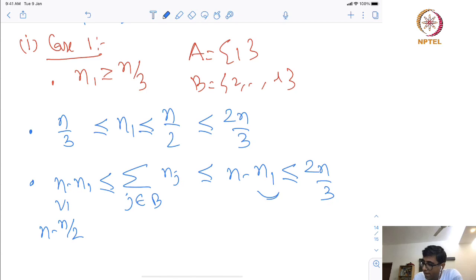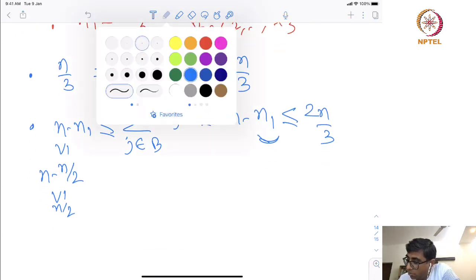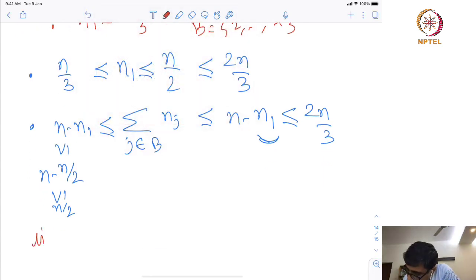So, here I used the fact that n1 is at least n by 3 to get an upper bound, and I am using that n1 is at most n by 2 to get a lower bound on this, which is at least n over 2. So, in this case we have been able to find a partition A and B such that the sum of these numbers is at least n over 3 and at most 2n over 3. Okay. Now, what about case 2?